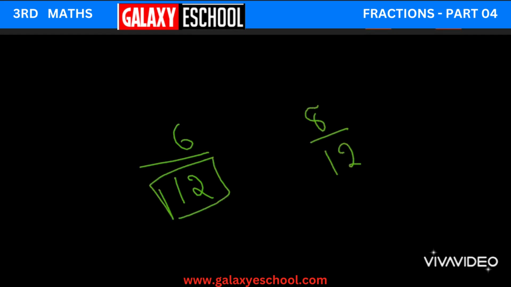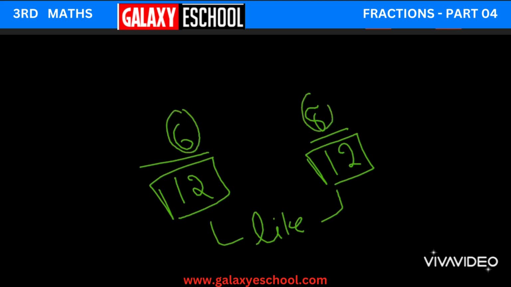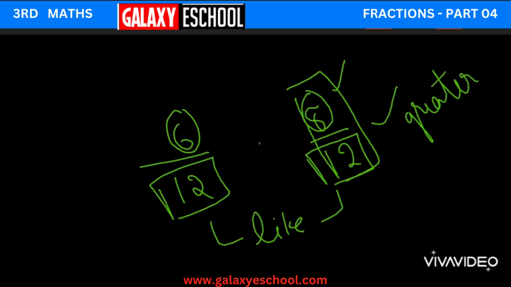Here both the denominators are the same. That means they are like fractions. So in this case, the fraction having the greater number in the numerator, here we have 6 and 8 in the numerator. Now which is the greater number, children? 8 is the greater number. So this whole fraction 8 by 12 becomes the greater fraction. 6 by 12 is less than 8 by 12.